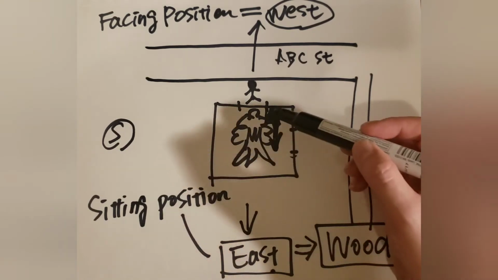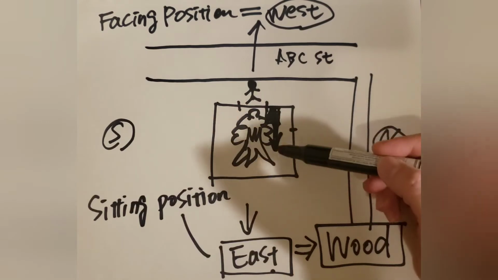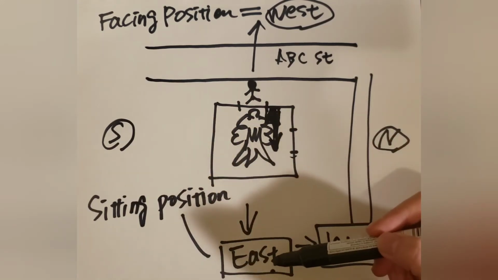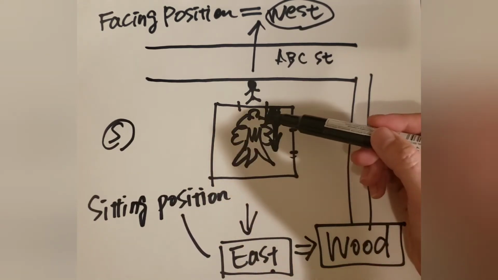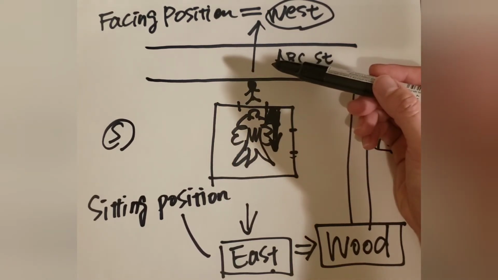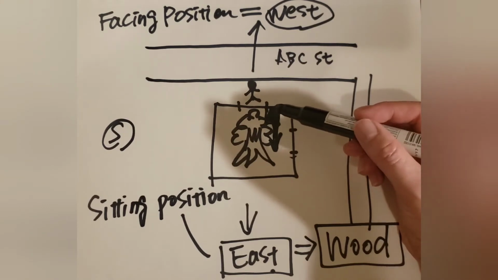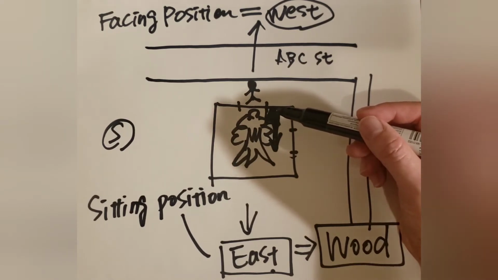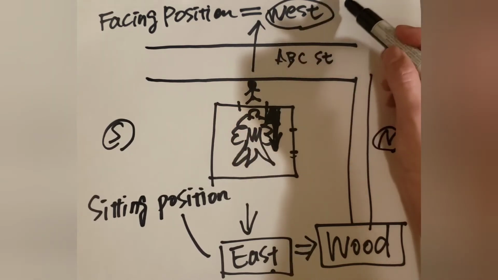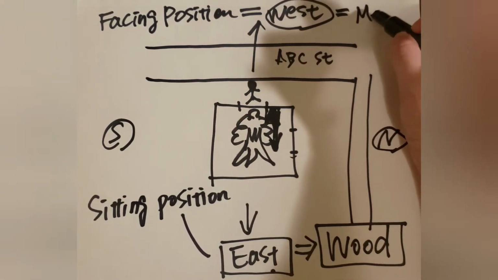This means my apartment unit's facing position is east, and my apartment unit's sitting position is west. That means my apartment unit has a west sitting position personality, which element-wise is metal.